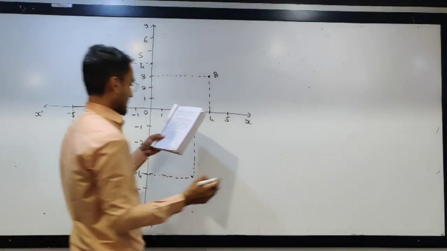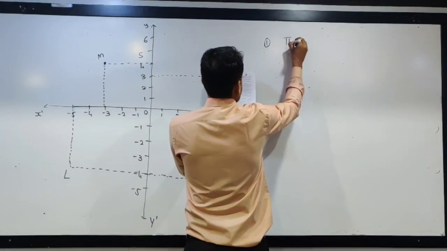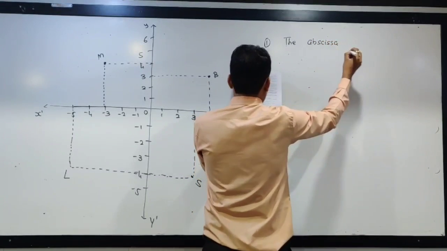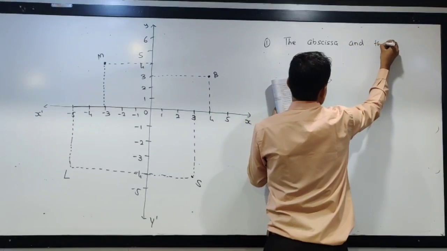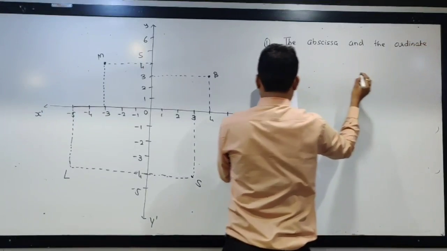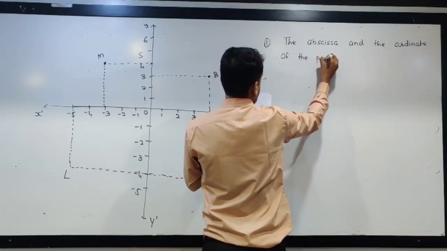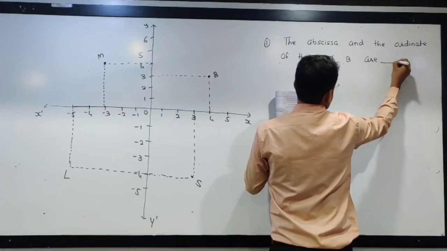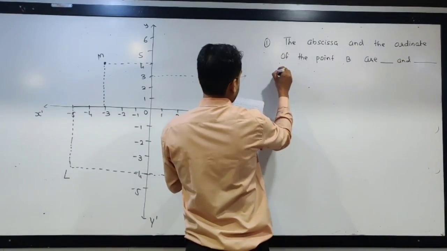Now your first blank: the axes are dash, and the coordinates of the point B are dash and dash respectively.